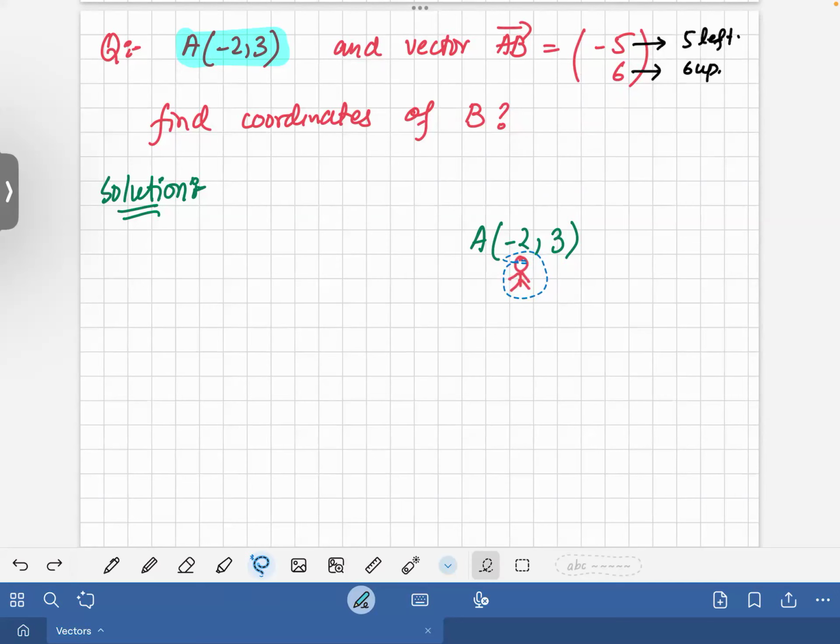If I take 5 left from -2: -3, -4, -5, -6, -7. Understood? It means that B has the x coordinate -7. Understood? Sir, how is it minus? Beta, I have just given a small demo, I am explaining a little, please start understanding.